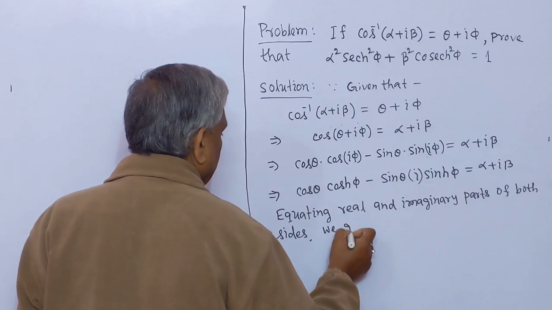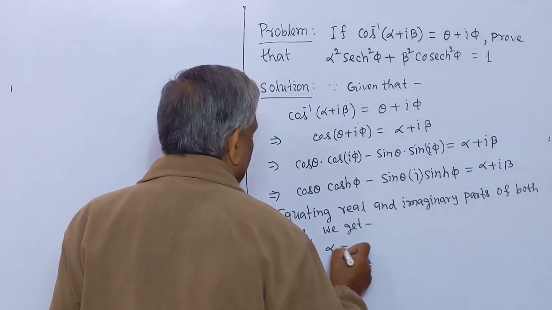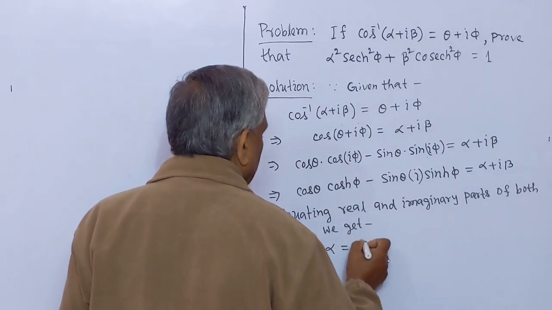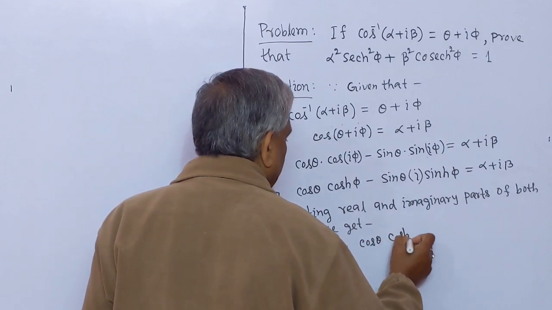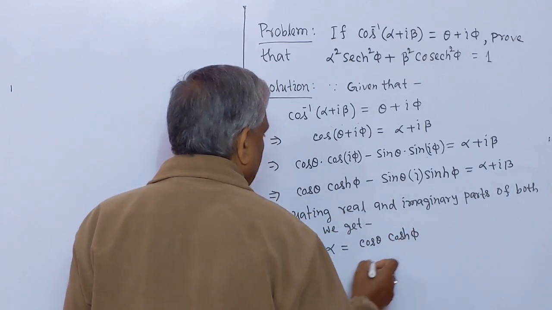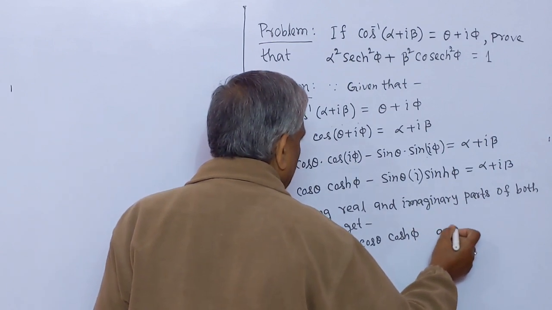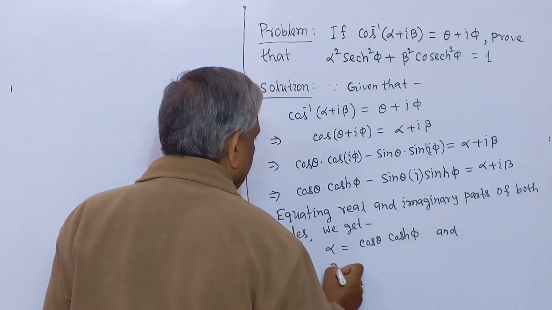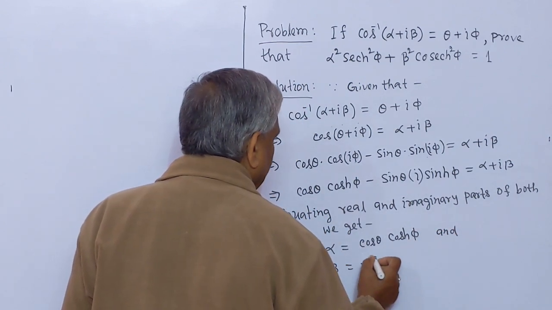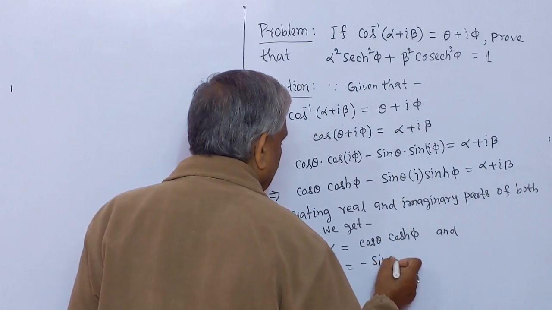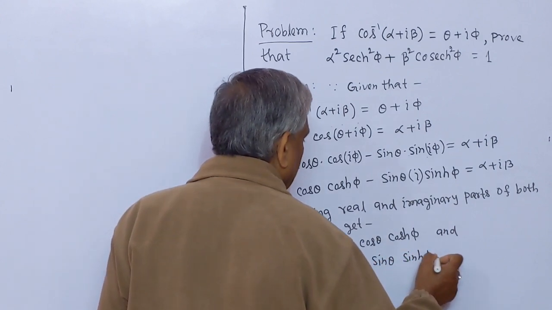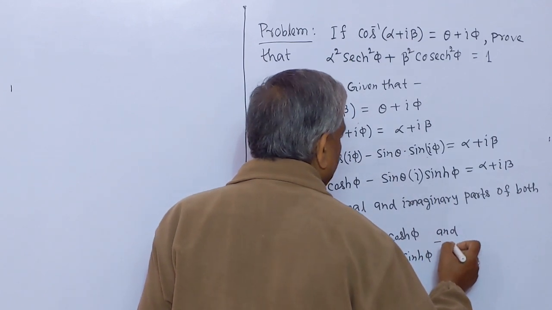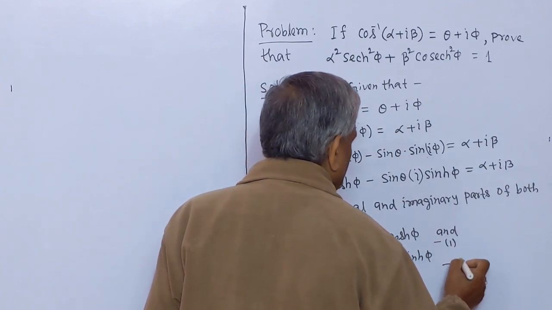We get alpha equals cos theta cos hyperbolic phi, and beta equals minus sin theta sin hyperbolic phi. Let this be number 1 and this be number 2.